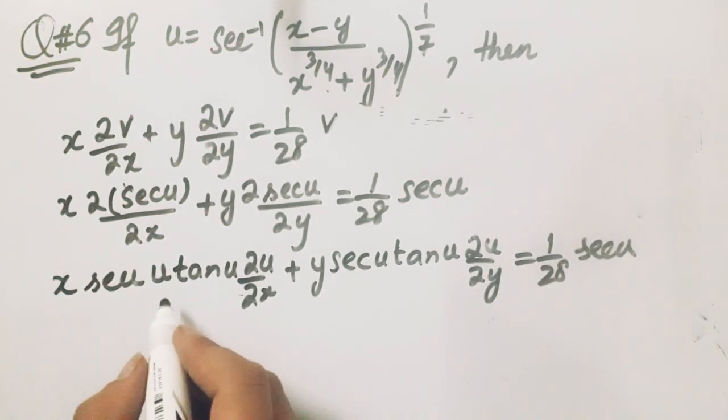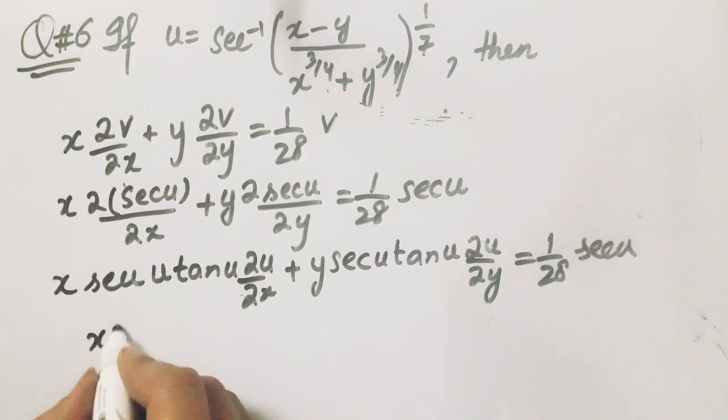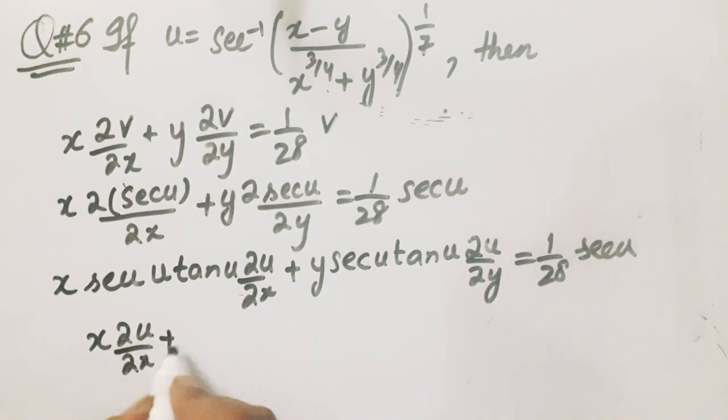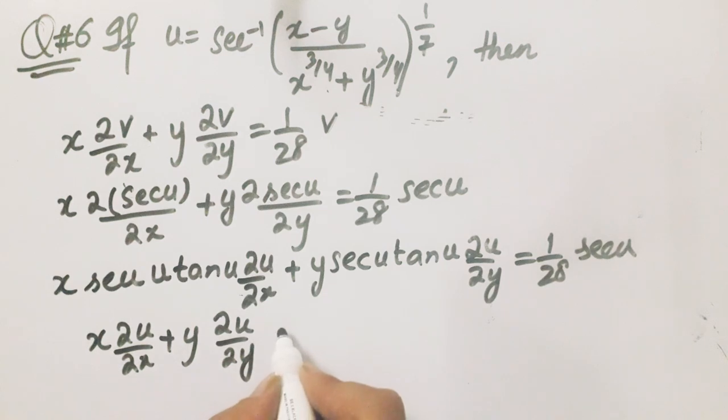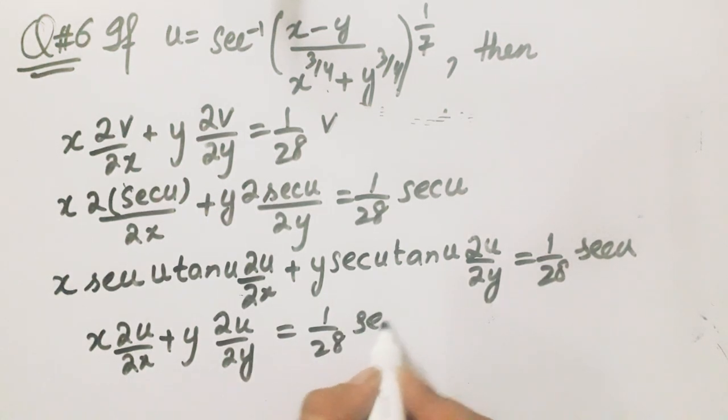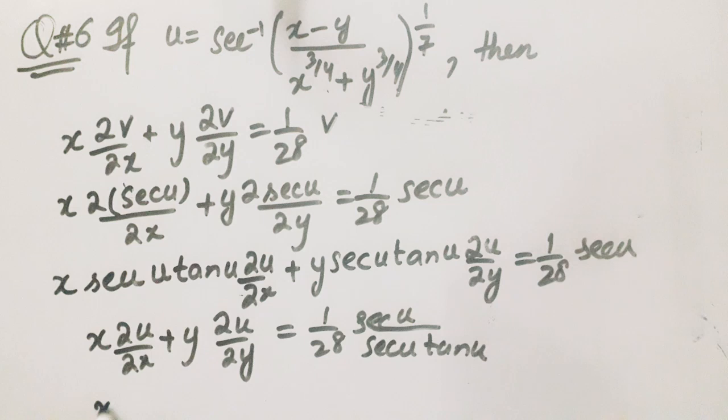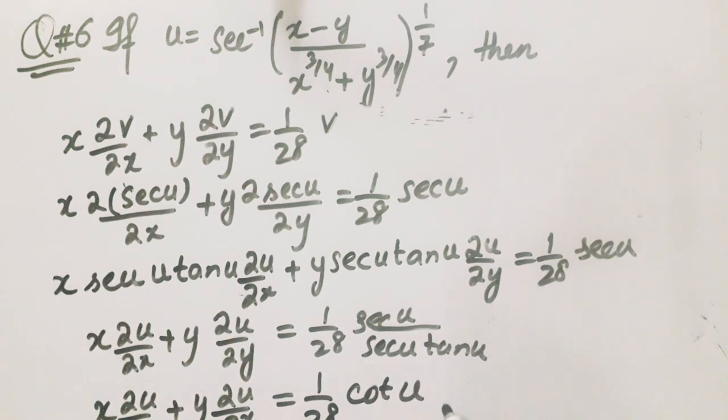So by taking common, you will get x partial u over partial x plus y partial u over partial y is equal to 1 by 28 secant u, and divide this by secant u tan u. So x partial u over partial x plus y partial u over partial y is equal to 1 by 28. Tan is the reciprocal of cot, so this is equal to 1 by 28 cot u, and this is the answer of this question.